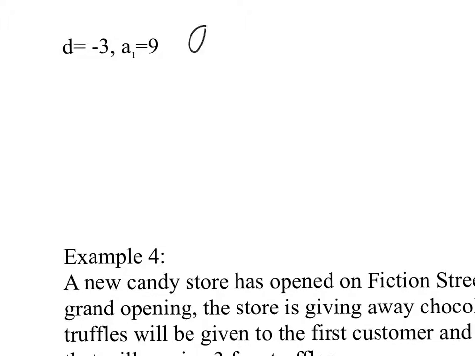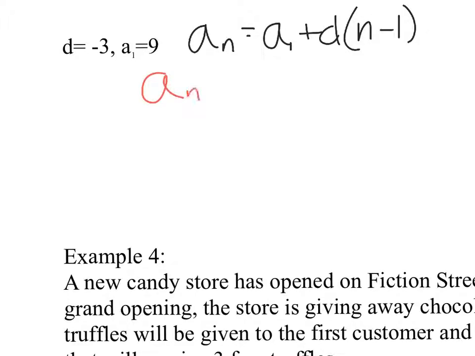We have our explicit rule, A sub n equals A sub 1 plus D times n minus 1. Now we plug in our A sub 1 and D. A sub n equals A sub 1, which is 9, plus D, which is negative 3, so we put a minus 3.